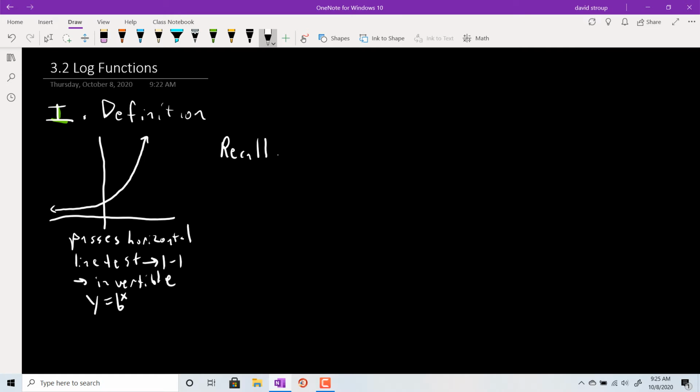So if you're given something like, I don't know, f of x equals 3x plus 1, and this would be my example. So how did we do that?